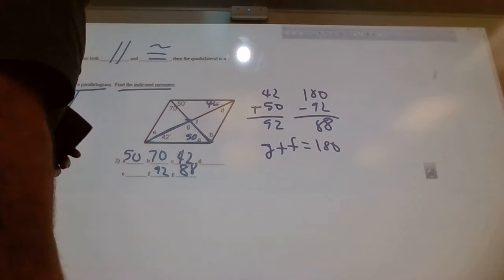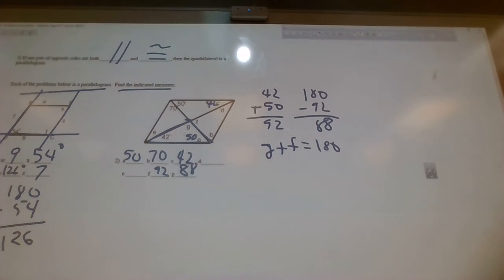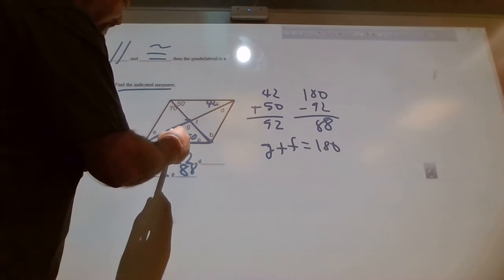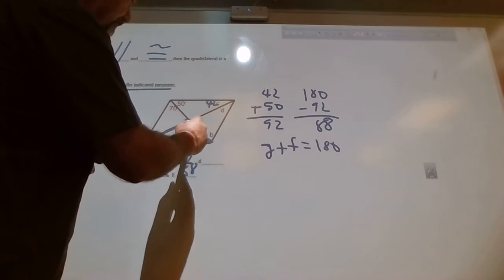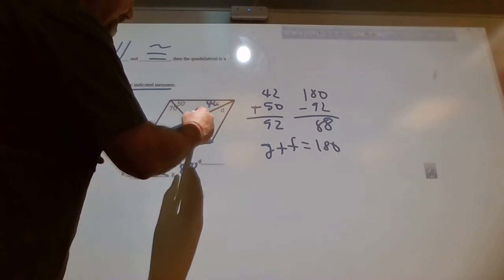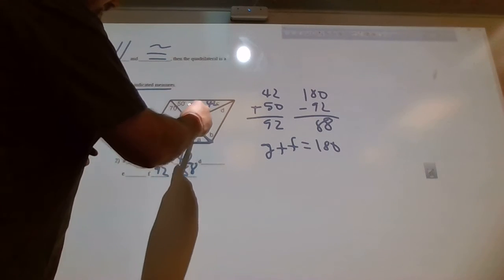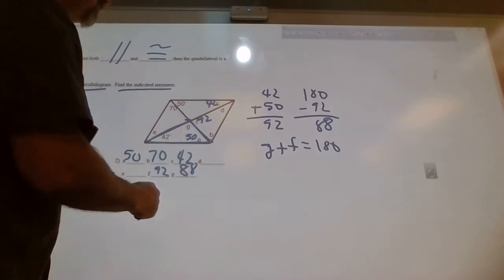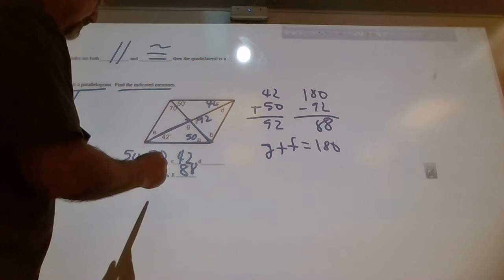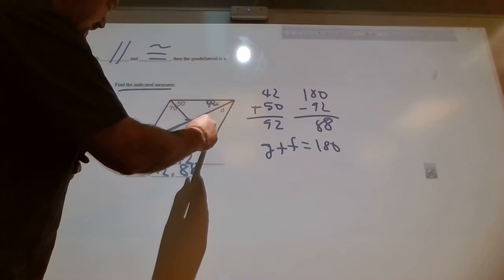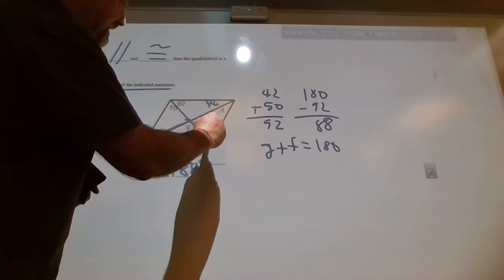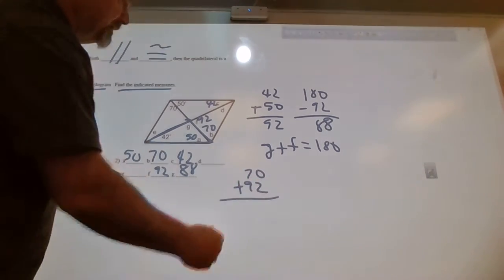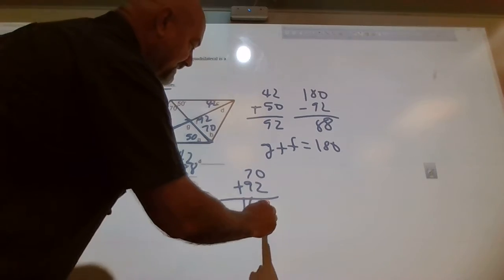All right, so what do we need to do? Let's see what we have, angles of a triangle, right? So we know that F is 92. We know that B is 70. 70 plus 92 equals 162.